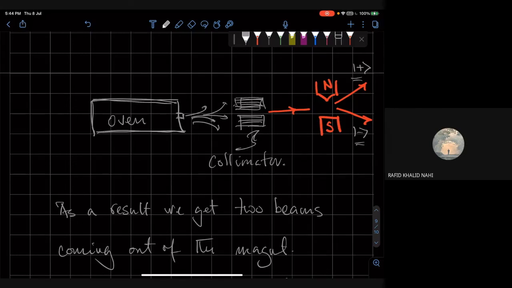Exactly. But why would you get two beams? Oh, because the two magnetic moments would point in opposite directions. But since it's coming out of an oven, I would assume it to be randomized. So stuff coming out of the oven should be randomized, the magnetic moments in all directions, right? Yes, sir. So if it was a classical particle, the magnetic moments would be in arbitrary directions.